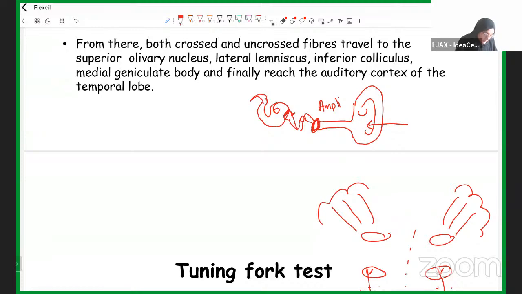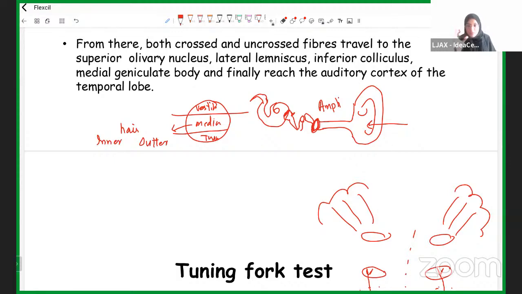Now, the cochlea is divided into three: vestibuli, media, and tympani, right? And then the media will have the hair cells. We have two kinds of hair cells, inner and outer hair cells.